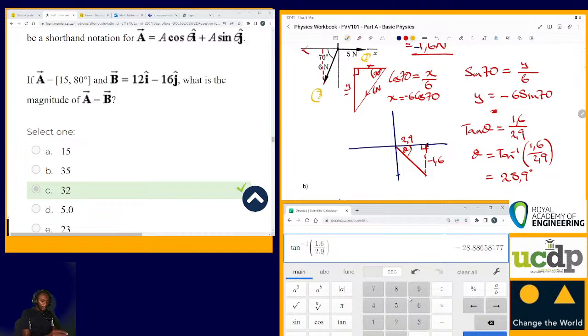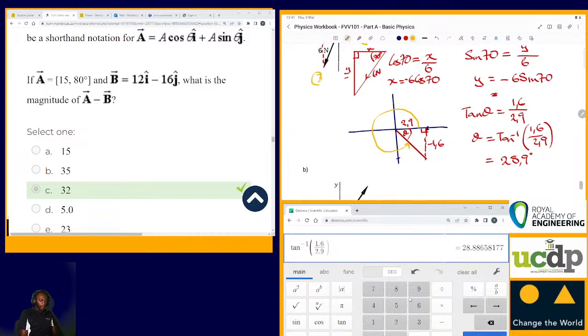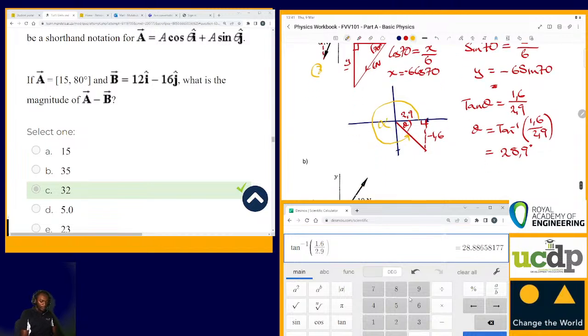But again, this is not our answer. We should move from here up to there. So we'll call our angle alpha.